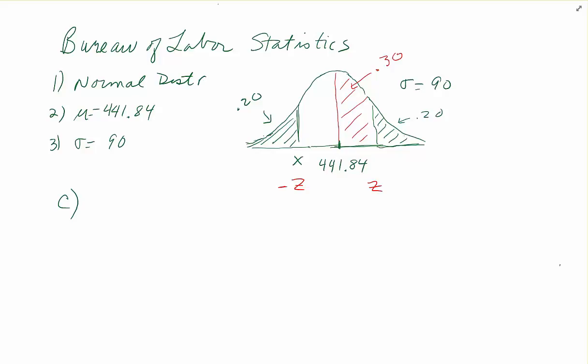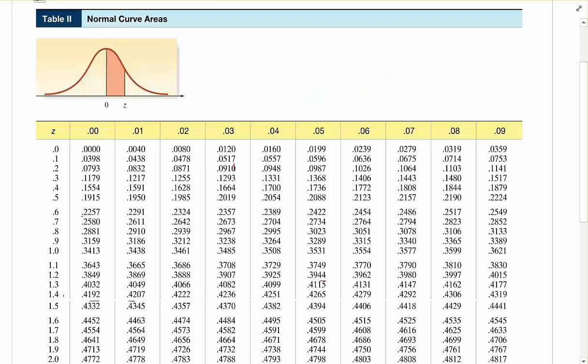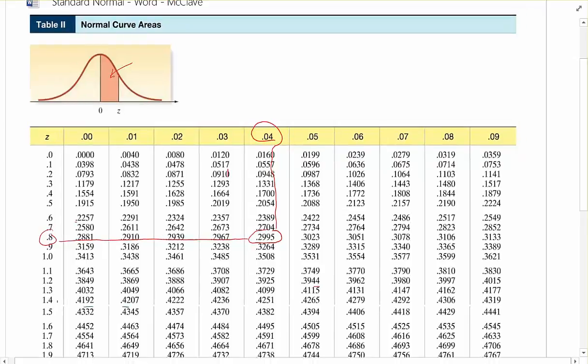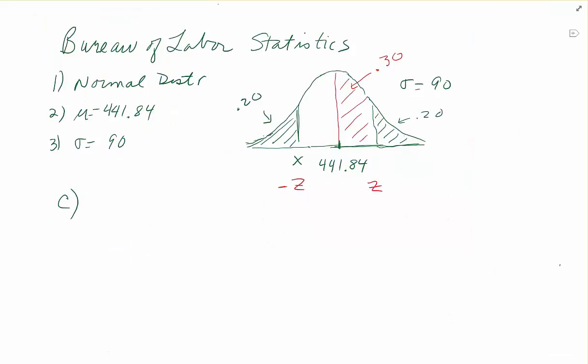And I'm going to have to look up the 0.3 to do it. So I need to get as close to 0.3 as I can get. That looks like it's going to be 0.2995. So it looks like that is in row 0.8 and in column 0.04. For my area of 0.2995, I'm going to get z as 0.84. Of course, the z I want is a negative 0.84 because, again, my x is going to be on the left.